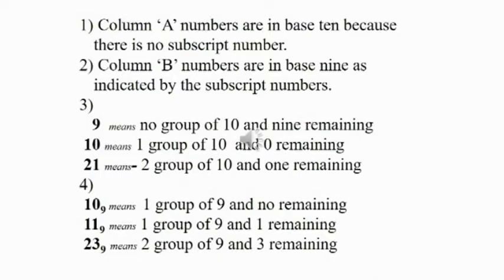For question 4, the answers are as follows. 10 subscript 9, we call it base 9, means one group of 9 and nothing remaining. 11 base 9 means one group of 9 and 1 remaining.